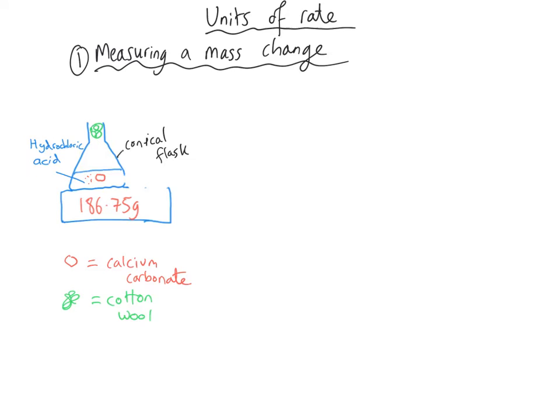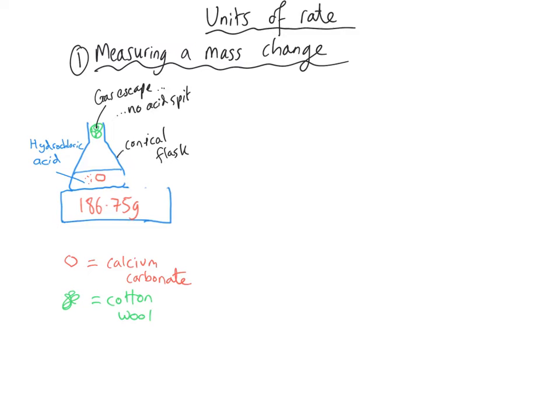Now what that does is it doesn't stop the gas escaping, because it's cotton wool, the gas can escape, but there is not any acid spitting out. If something's really bubbly, the liquid might spit, and if the acid could jump out, then the mass would drop.